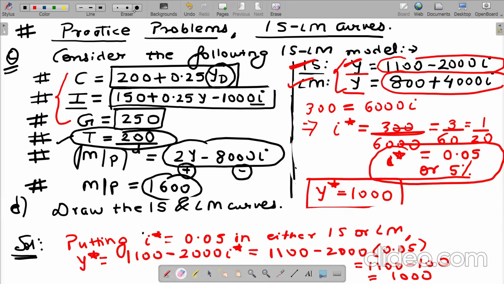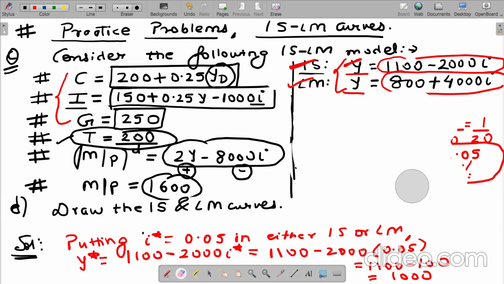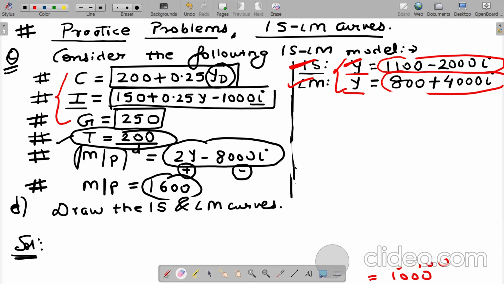So we already have the equations. We can quickly draw them. I'm just quickly writing that the I star has come out as 5% and Y star has come out as 1000. Let's plot the IS.